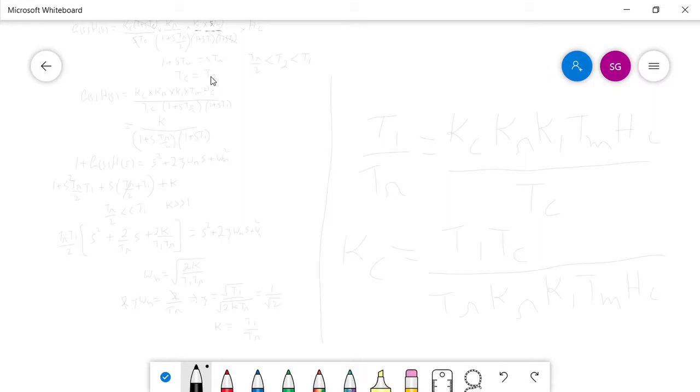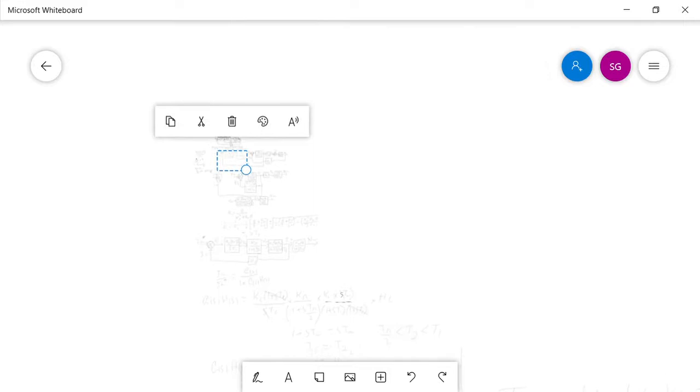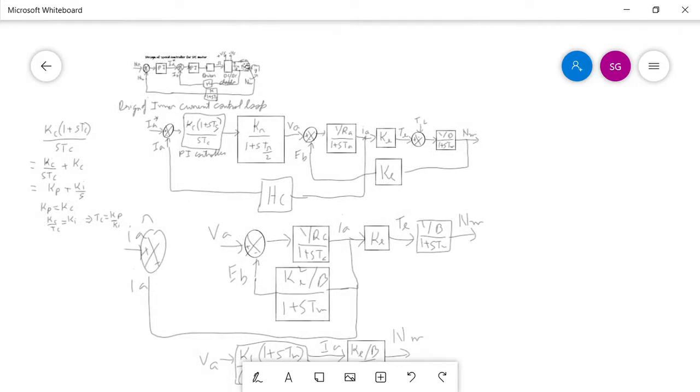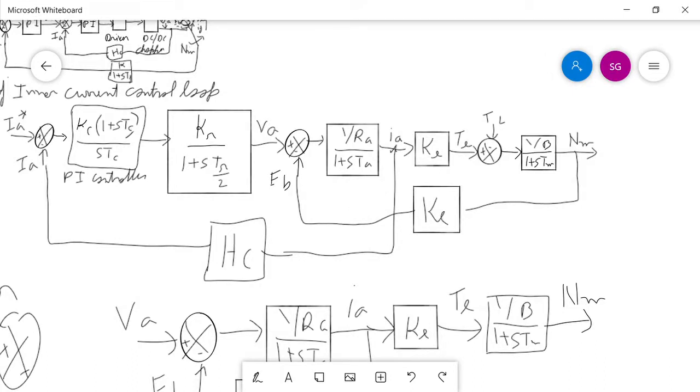Now this thing can be reduced, Ia by Ia star.